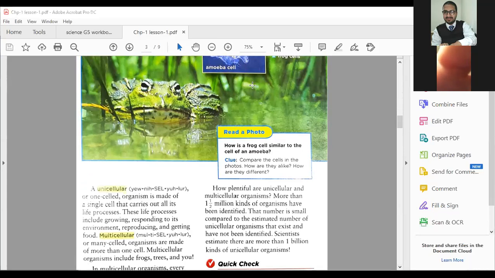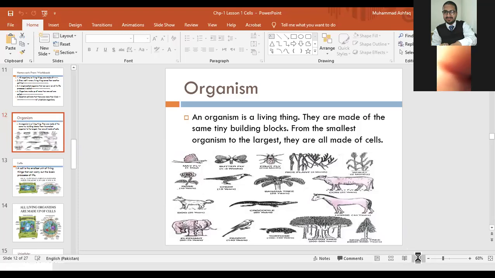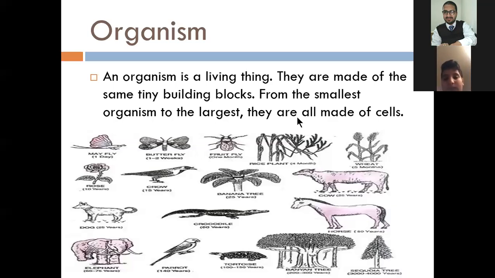So I'm going to take you to the proper definition, or you can say the slides of this lesson. Everybody can see here the slide that is about the organism. What is an organism? An organism is a living thing. Living things, you know very well, may be a plant or an animal.